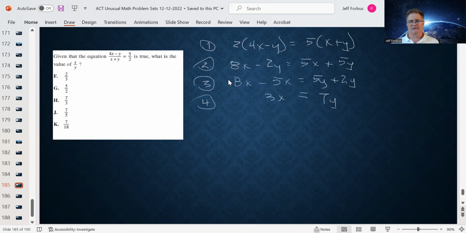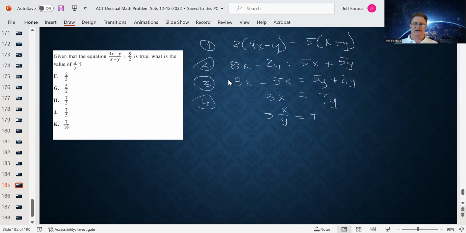Now we want to get this oriented into the form of x over y. Well, okay, that's fine. We can do that. We can divide by y. And we're going to get 3 times x over y, and that's equal to 7.